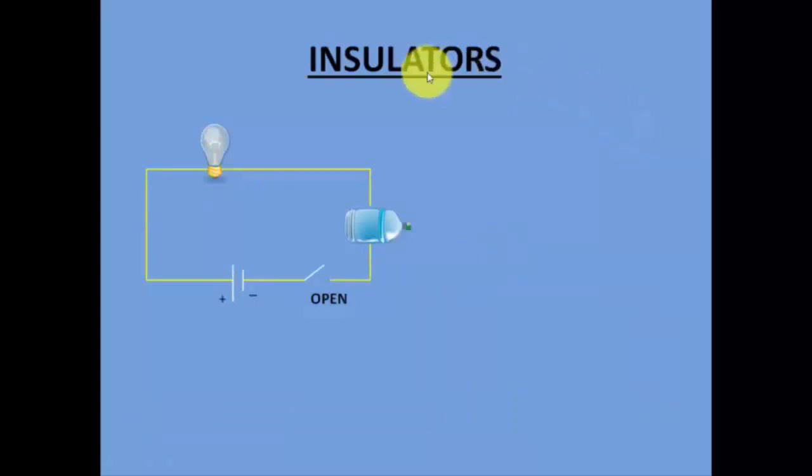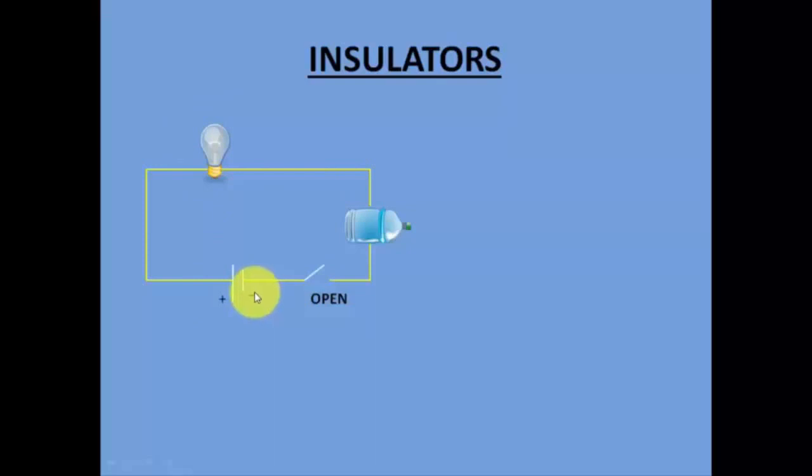An insulator should be an object which will not allow electricity to pass through it. So instead of a metal drum, in this case I have taken a plastic bottle. Again, this is a battery, this is my key which I will switch on and off, or open and close, and again this is a bulb, just to confirm whether the circuit is complete or not.